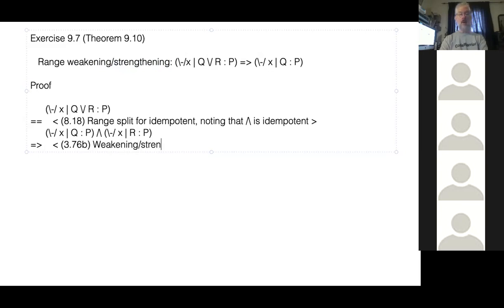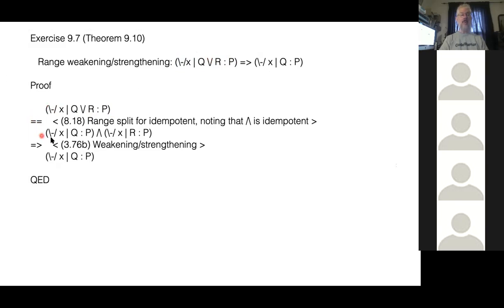Weakening strengthening, which says that an and of two things, in this case, this thing and this thing, implies either one of them. And we want the Q one. Boom. And so that gets us, we started here, which is the left-hand side.